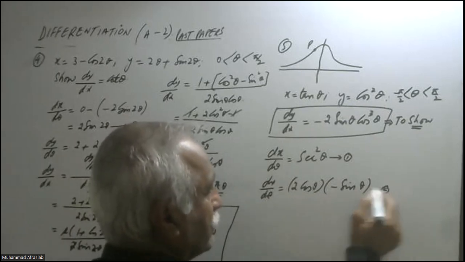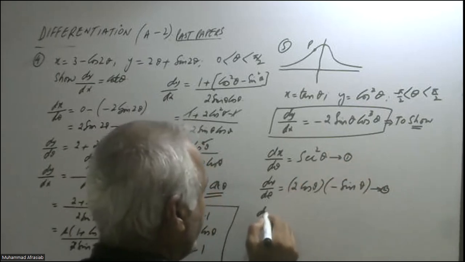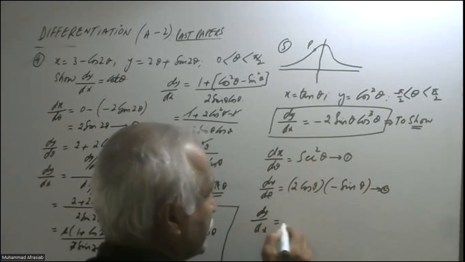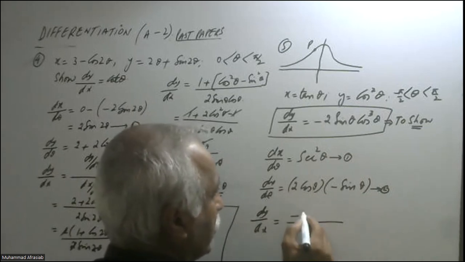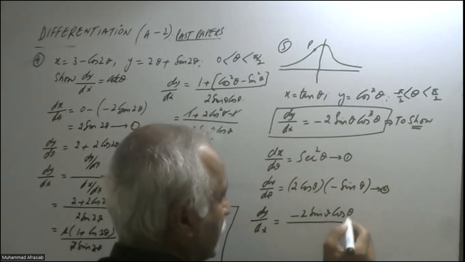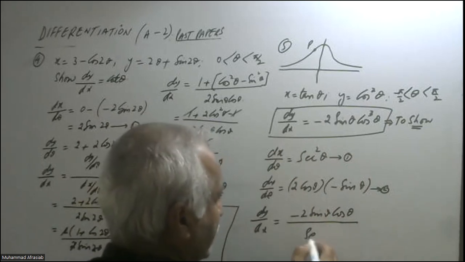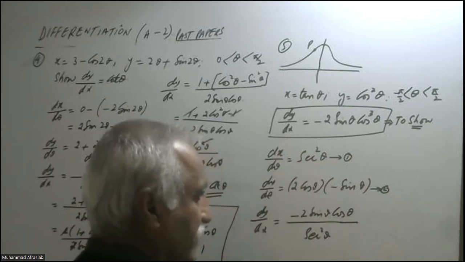Let's say that is 2. Now dividing 2 by 1, dy/dx will be equal to minus 2 sin θ cos θ over dx/dθ, which is sec²θ.